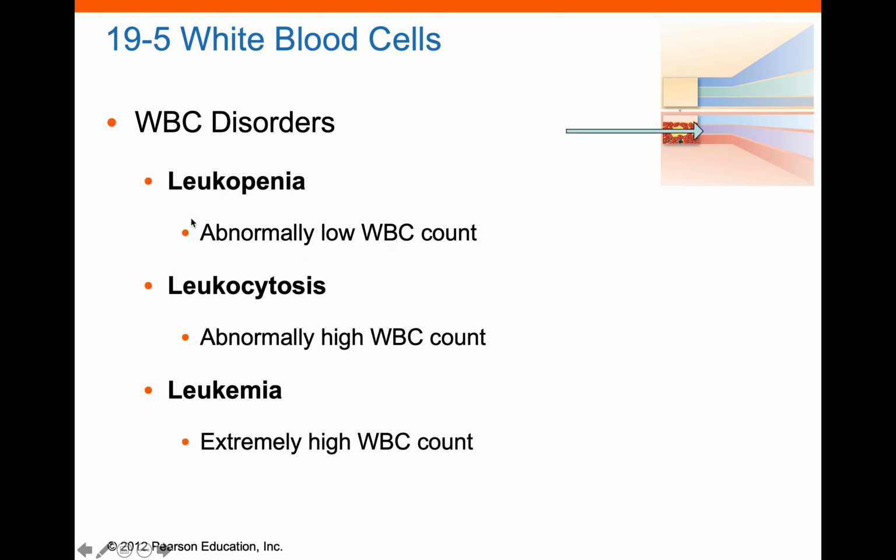The disorders primarily are leukopenia, which is abnormally low white blood cells. Leukocytosis is abnormally high white blood cells, and leukemia is extremely high white blood cell counts in the millions. So abnormally high is leukocytosis, and leukopenia is lower than normal white blood count.